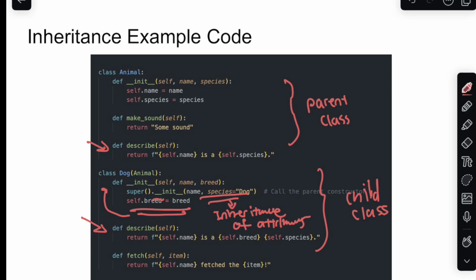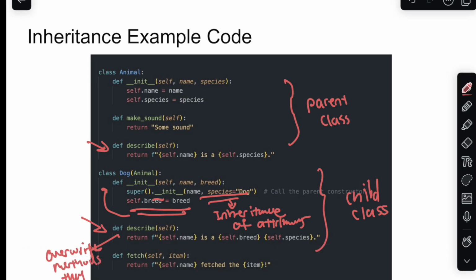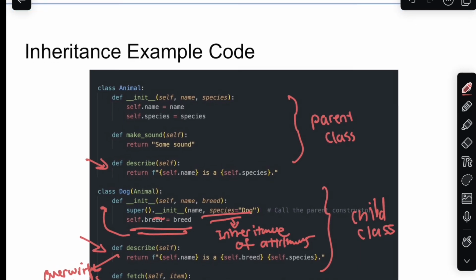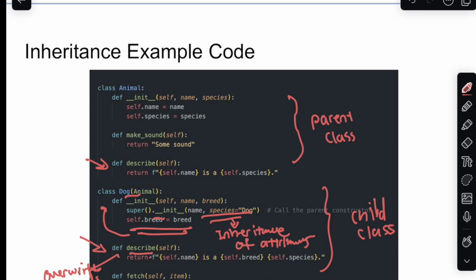So in the child class, we can also override methods that exist in the parent class. So for example, when we declare a dog object and we call the describe method, it's going to look into the child class first, and if it finds a describe method, it's going to call that specific method.